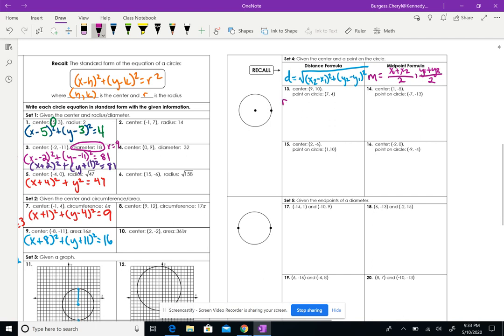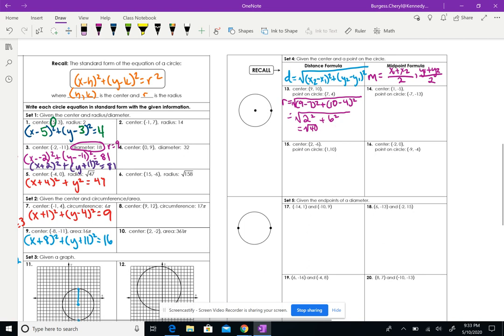So the radius is 9 minus 7 squared plus 10 minus 4 squared. That is 2 squared plus 6 squared. 2 squared is 4. 6 squared is 36. So that is the square root of 40. So my radius is the square root of 40.